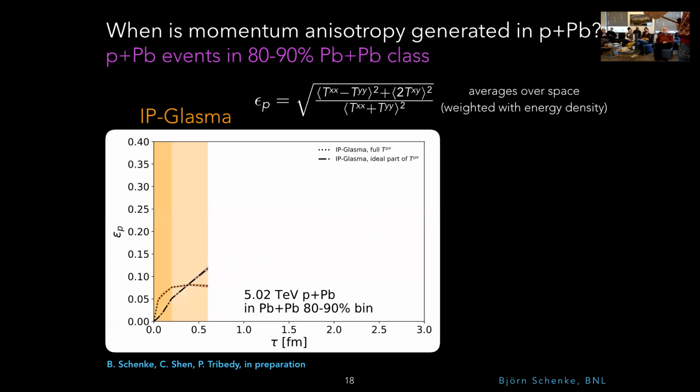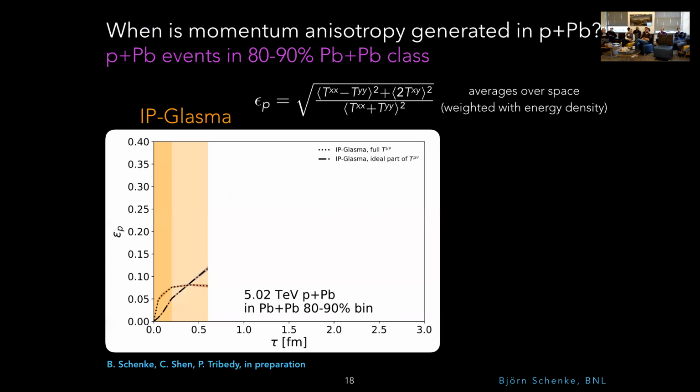If you only use the ideal part of T mu, so if you remove the pi mu from that, you would get something that's just continually increasing over time. Because after some initial time, 1/QS or so, what the Yang-Mills will do is just free streaming. And in free streaming, the full T mu expression for this will not change. It will just be a constant. But if you only take the ideal part, it will just grow.